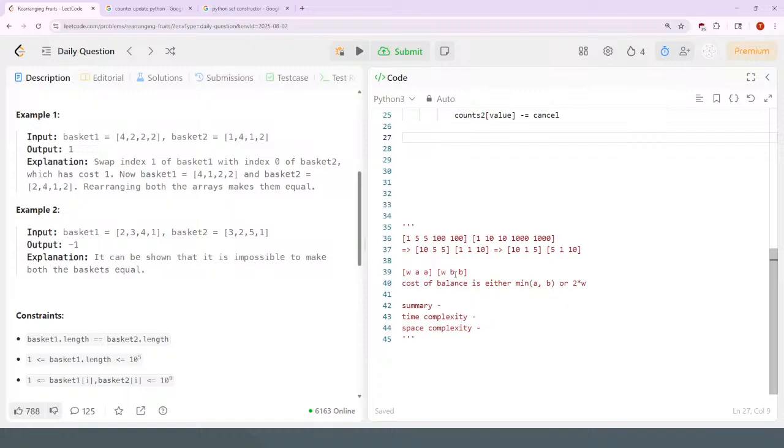So it's either the minimum of that or 2 times whatever the currently balanced thing is, which should be figured out in the first turn, I think.